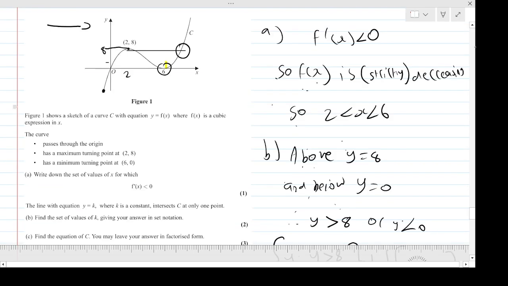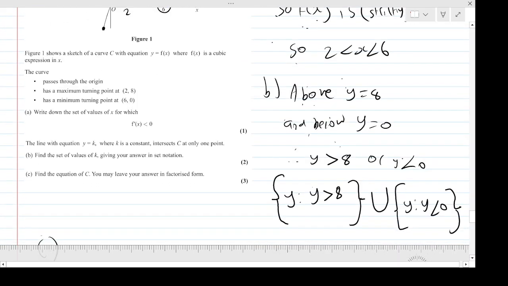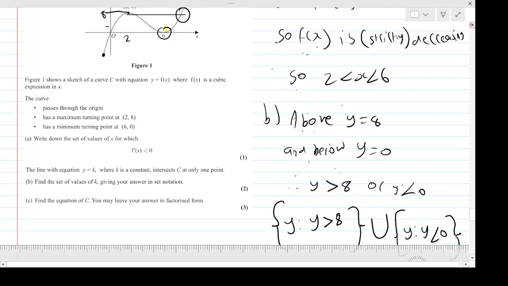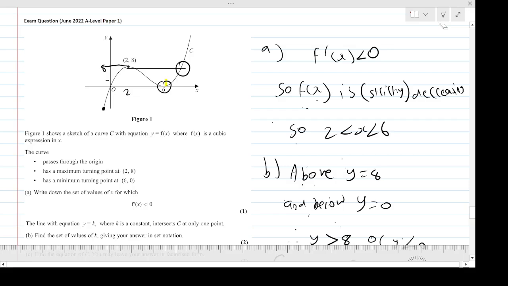Okay, part C, we want to find the equation of C, okay? So now, if I get rid of my annotations on here, we need to look at my graph. It's asking for the equation of the curve, but we're given the roots, right? So it's kind of like the factor theorem.